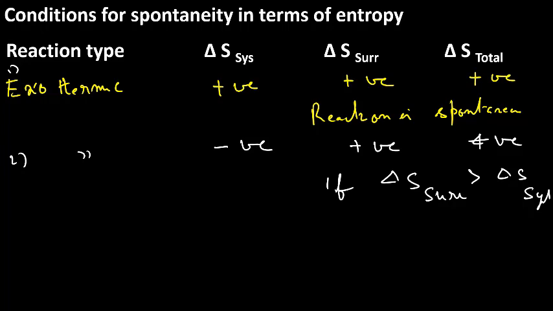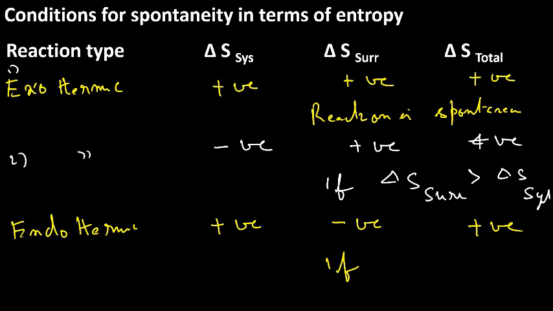Then endothermic reactions: for endothermic reactions, delta S system becomes positive, delta S surroundings becomes negative, and delta S total becomes positive if delta S system is greater than delta S surroundings. So these are the conditions for spontaneity in terms of entropy.